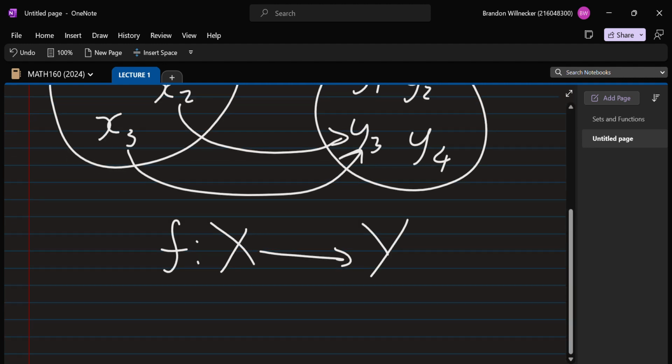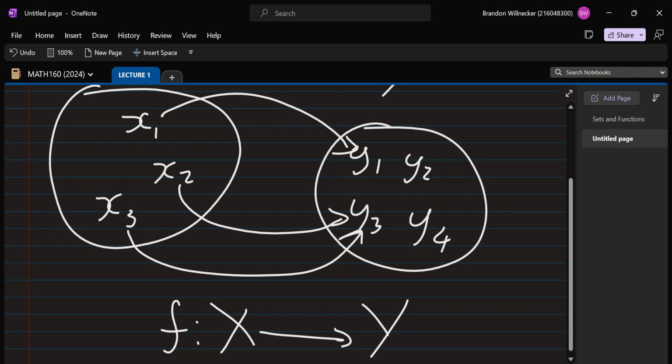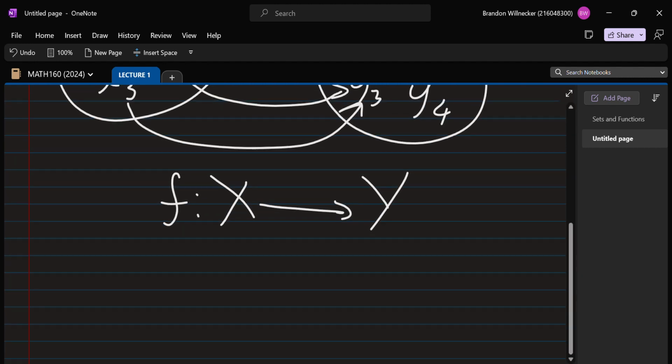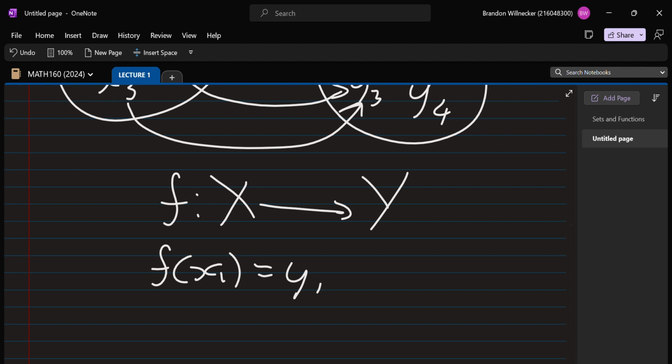Now we need to say, how do we get from X to Y? The way we do that is by the function definition. In other words, we simply write out f of x1. We take x1, what happens to x1? It goes to y1. f of x1 equals y1. That's what we mean by the mapping. f takes x1, or it eats up x1, and gives you y1.